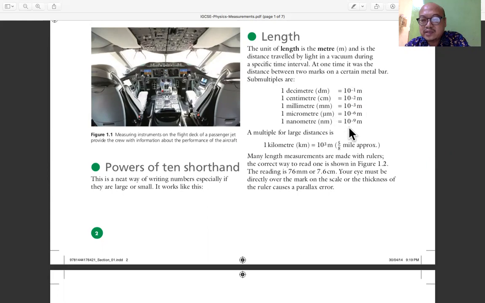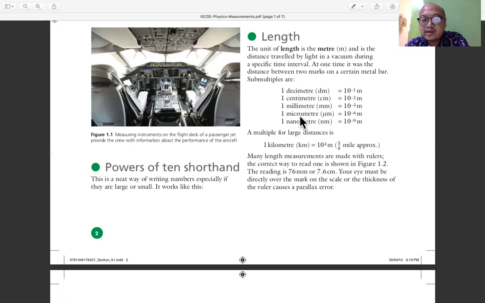This is important for the next chapter, because we will use this order of powers of 10 and these breakdown units: deci, centi, milli, micro, nano. Later we will also use them not only for meter.